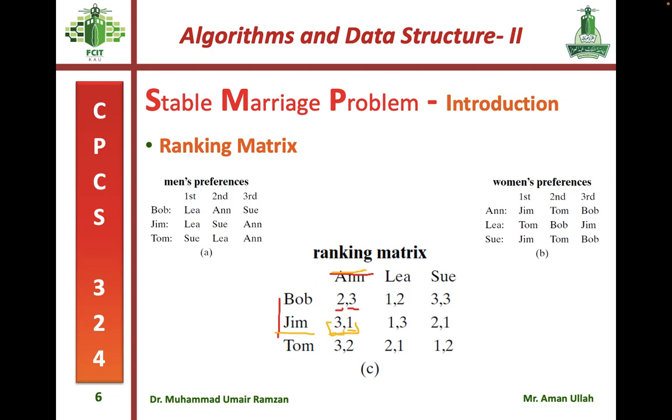The ranking matrix, for instance, makes it simpler to establish a match between the members of the sets, although the preference list may be a more effective data structure for constructing a matching algorithm.